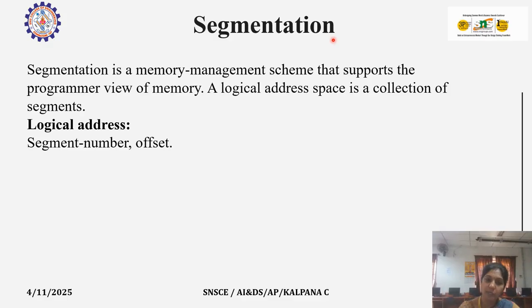So here we see a variation. Let's say the data block requires 5 KB, the code block requires 4 KB, the stack requires 7 KB, and the heap requires 8 KB. So there are variations in memory block sizes.